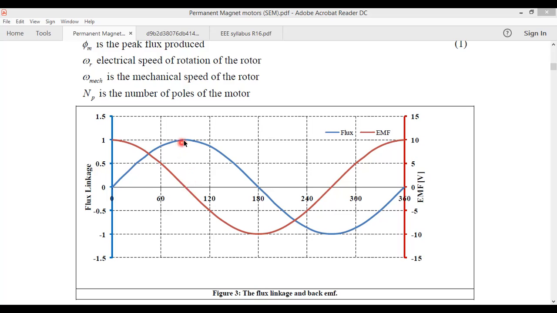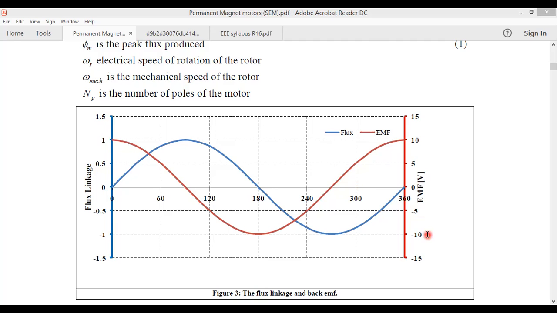After the flux value decreases from 90 degrees to 180 degrees, the EMF produced reaches its maximum value on the negative side, and then it increases again from zero. The maximum flux is 1.0, and the EMF is denoted as 10 volts.